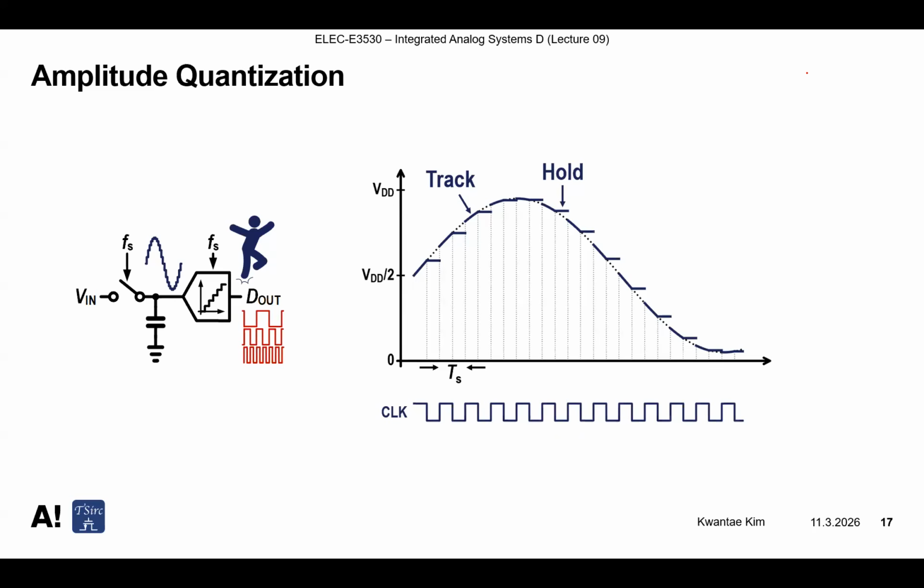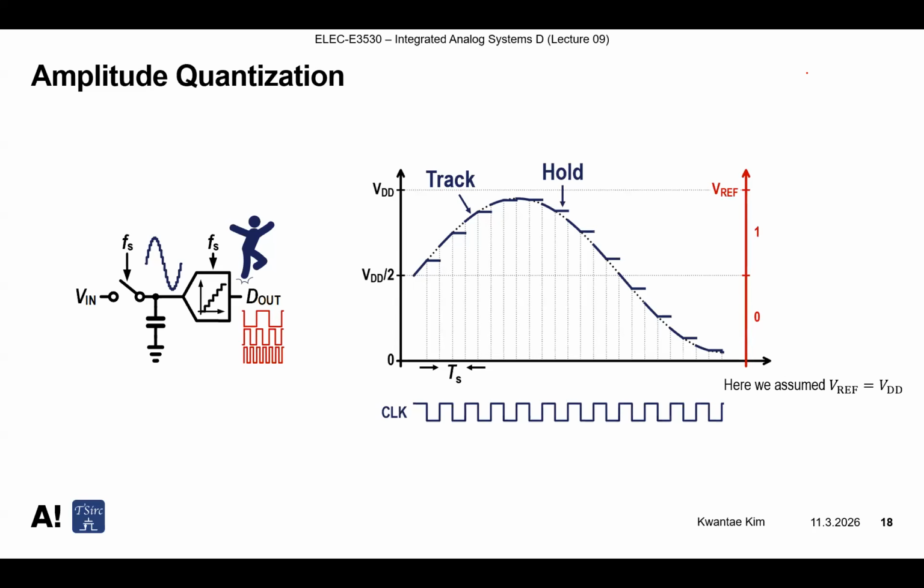This is the waveform of track and hold operation as we studied last time in lecture 6 and lecture 7. We put the sampling switch and the sampling capacitor, and here we put a quantizer. We will go back to this notation again.